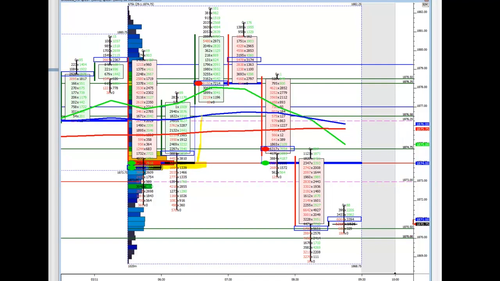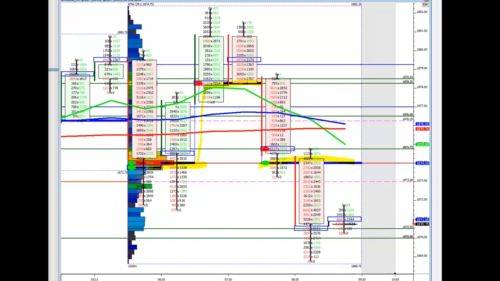And then my point of control, meaning the price level that had the greatest intensity of volume, jumped and was up here. Now, when prices were rejected up here, notice what happened. Prices continued back lower, and we came right back to the old volume point of control.